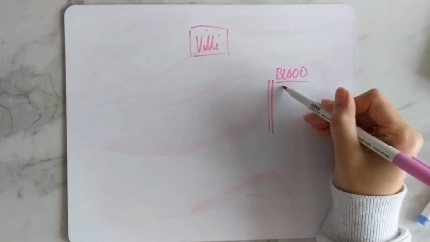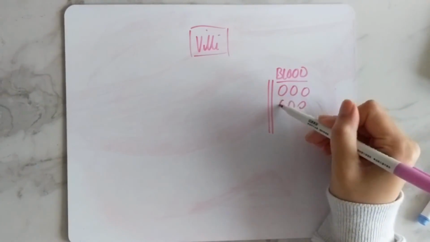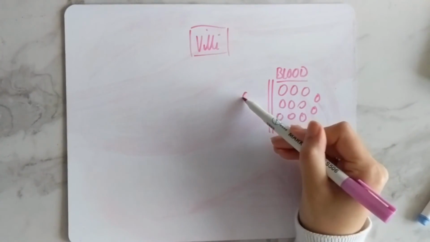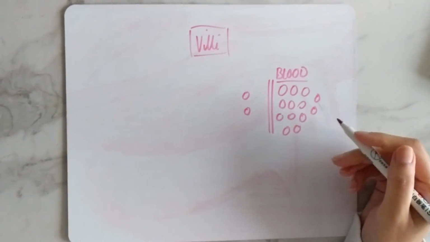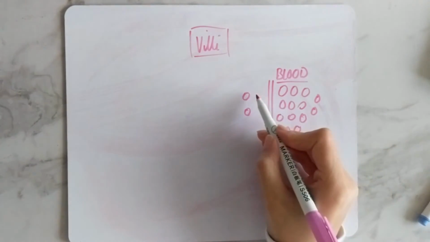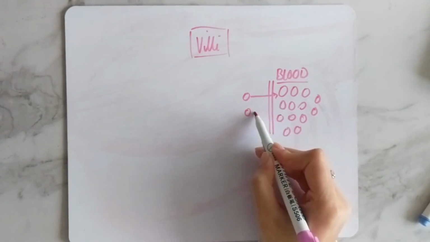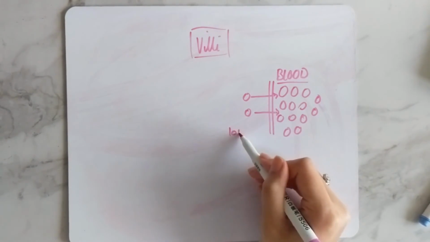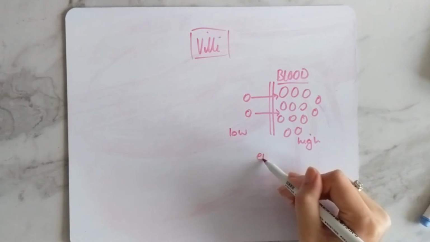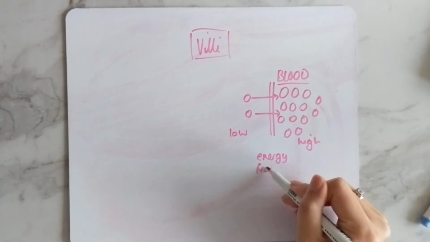So if I say there's already lots and lots of nutrients in my blood, but then I've just had some food and the body needs to take up the nutrients from the food I've had, the body will use active transport to transfer the nutrients, from a low concentration to a high concentration, into the blood using energy from respiration.